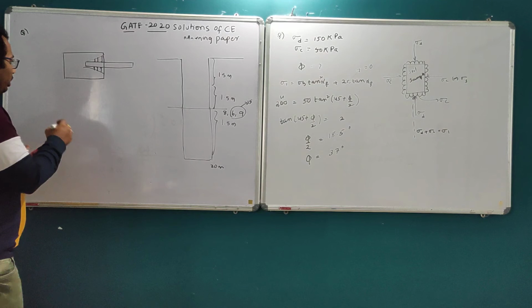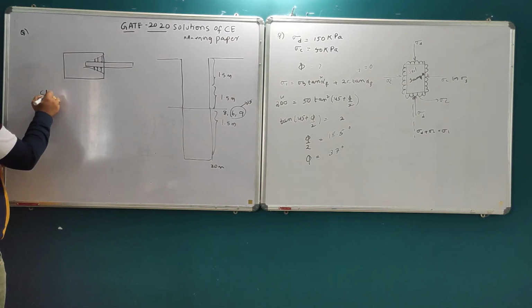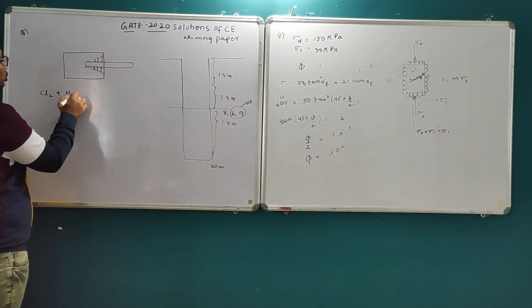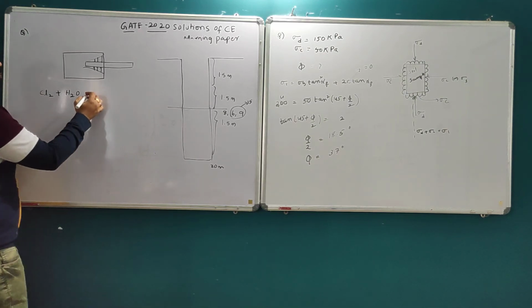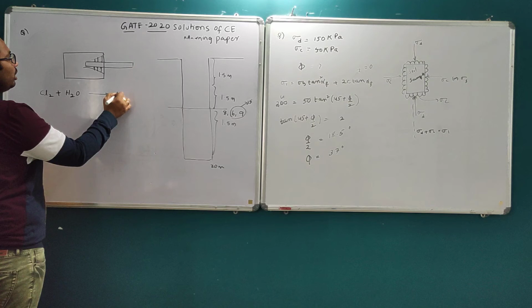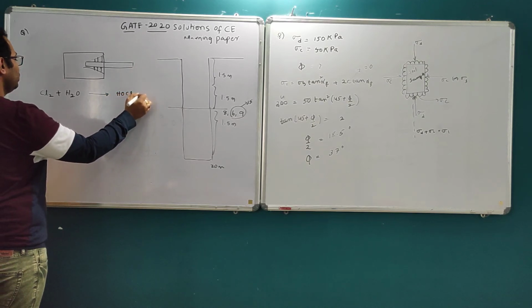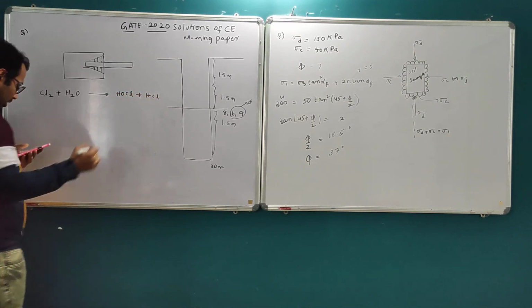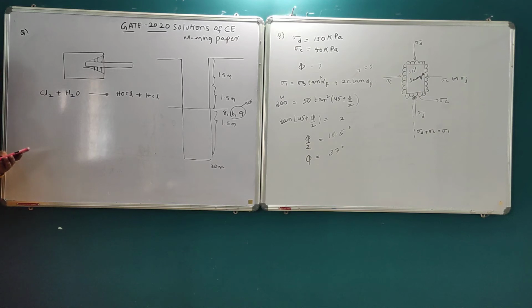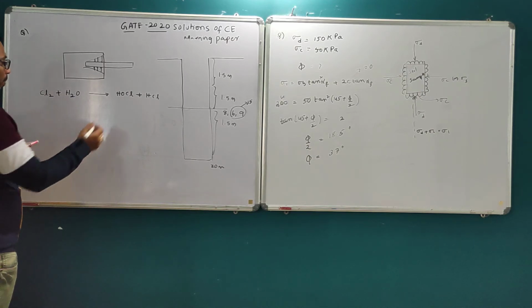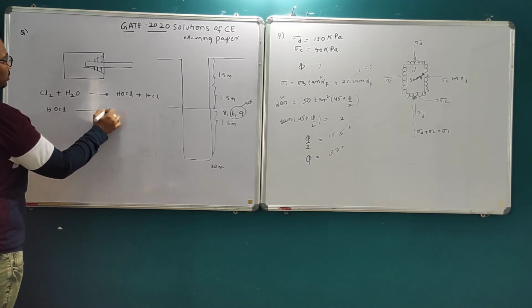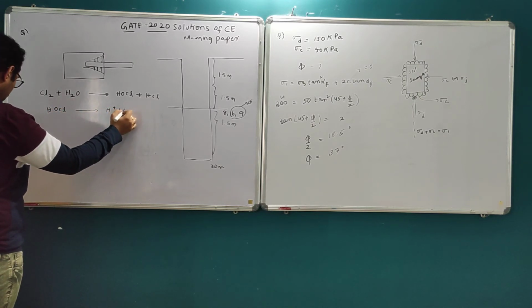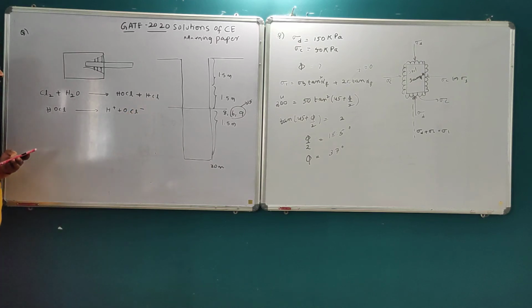When Cl2 reacts with H2O, it forms HOCl plus HCl. Again this HOCl upon ionization forms H plus and OCl minus, depending upon the pH.